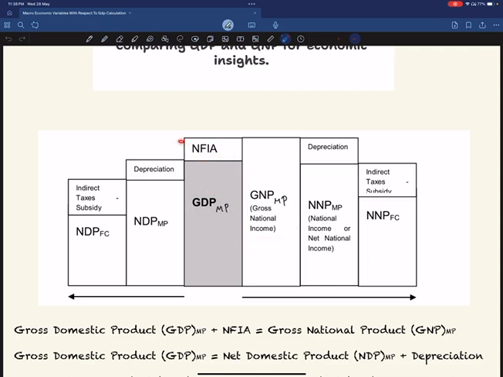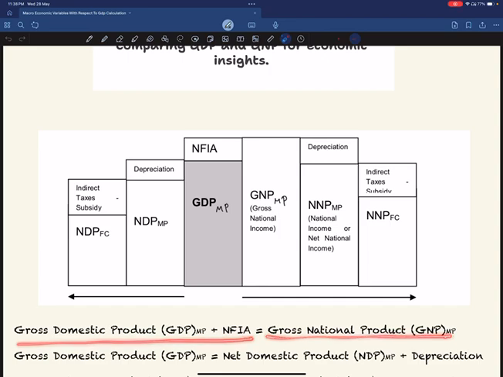So these two boxes have similar value. GNP is equal to gross domestic product at market price plus net factor income from abroad.